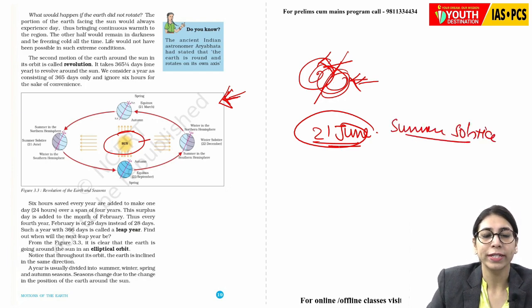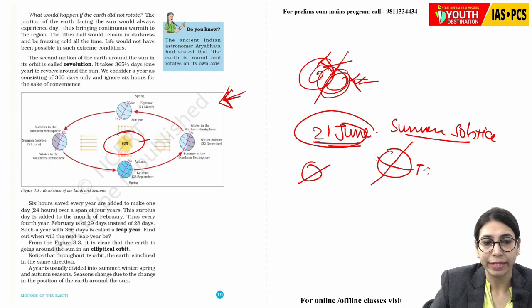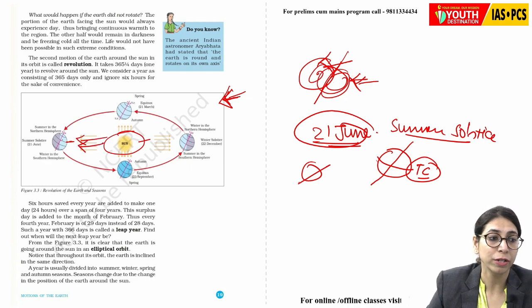So इस summer solstice के दिन क्या होता है? Because the earth is tilted on its own axis, तो उस वजह से क्या होगा? This is the earth and it is tilted on its own axis. तो जो tropic of Cancer है, this is the tropic of Cancer, that receives the maximum amount of insolation from the sun. So this tropic of Cancer acts like a virtual equator, right?